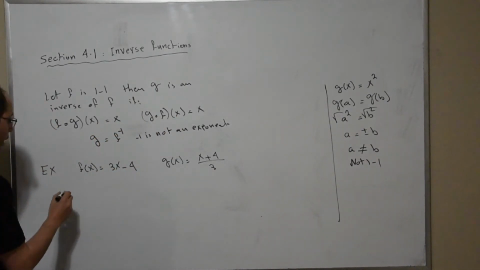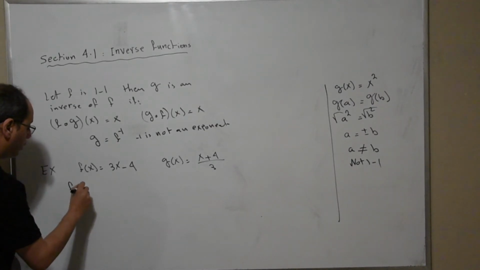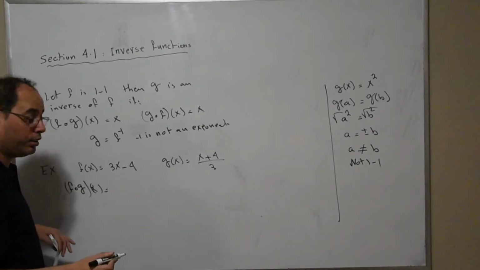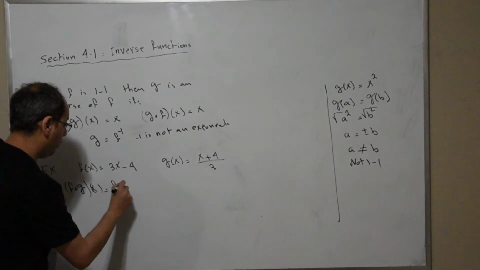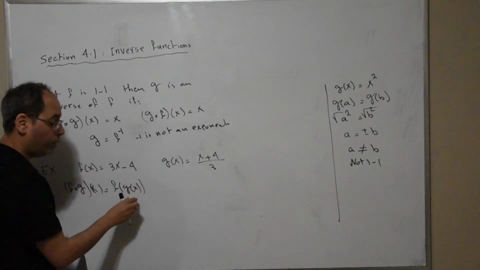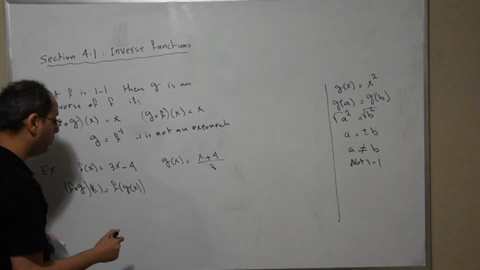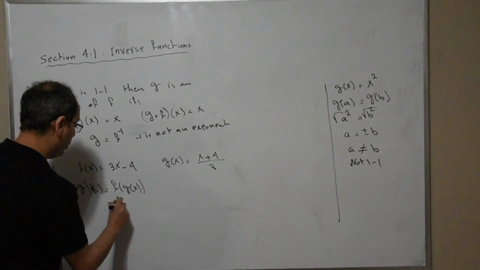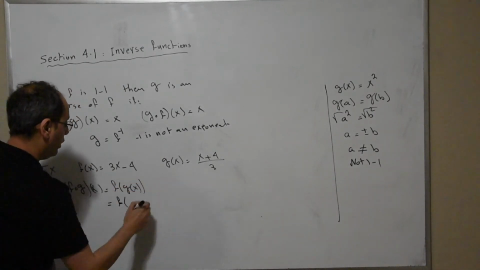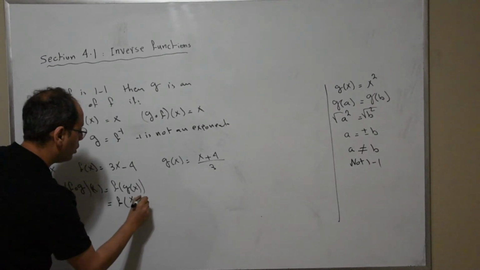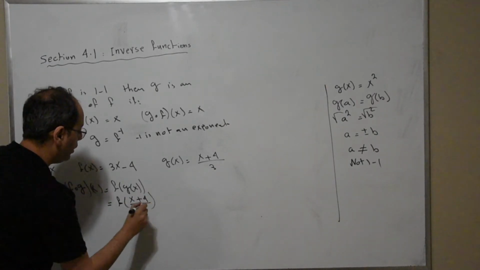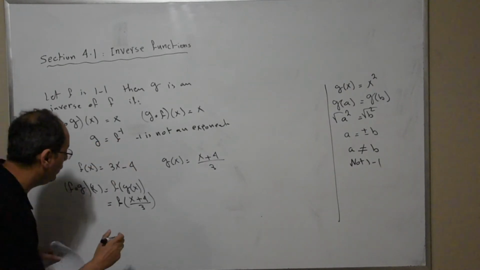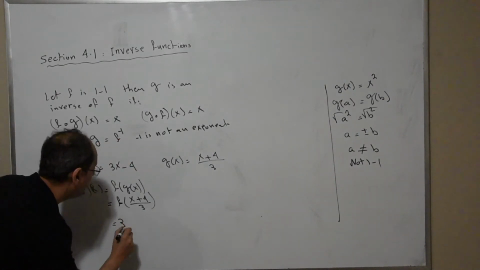Okay, so let's try f compound g of x, which is equal, as we learned before, to f of g of x, where g of x is the inner function. So that would equal f of what is g of x, x plus 4 over 3. And as I told you before, we put the pattern here to compute the function.